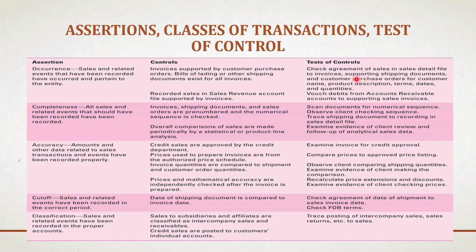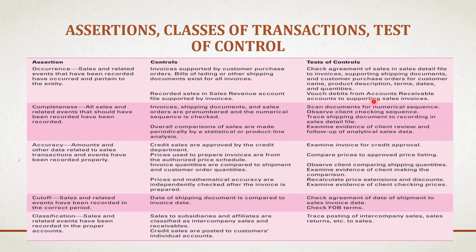So when we do test of control, we actually check the elements or the information within: the name of the product, the terms, the dates, and especially the quantity of the products that we have inside those documents. All must be matched. And then based on that, by right, it should be recorded in the sales revenue account.